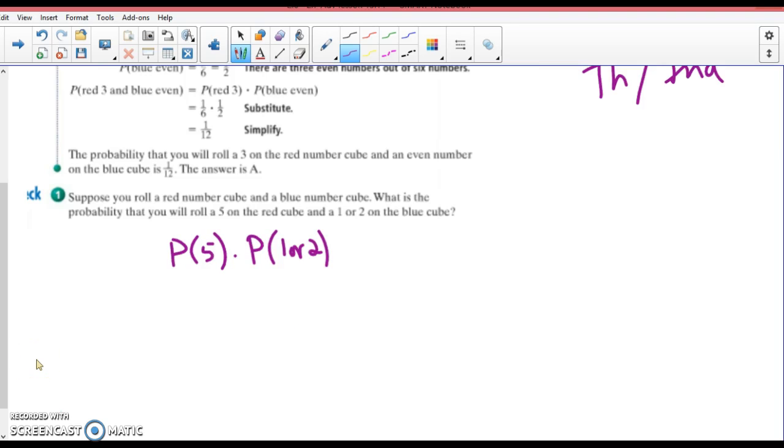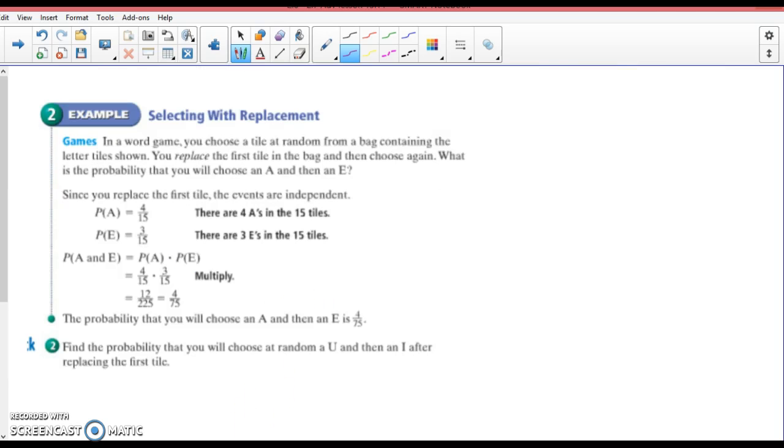So on the first dice, what is the probability of getting a 5? 1/6 times. On the second dice, what's the probability of getting a 1 or a 2? Yep, 2 out of 6 is 1/3, which gives me 1/18. All right.